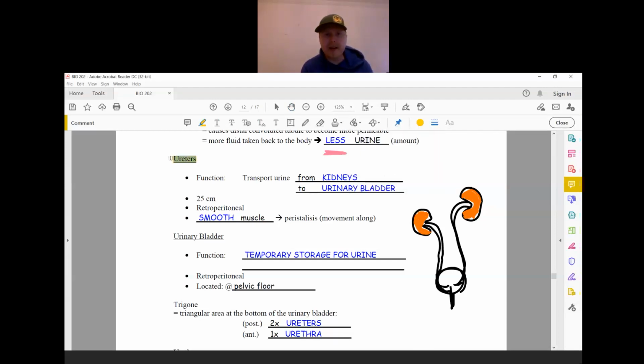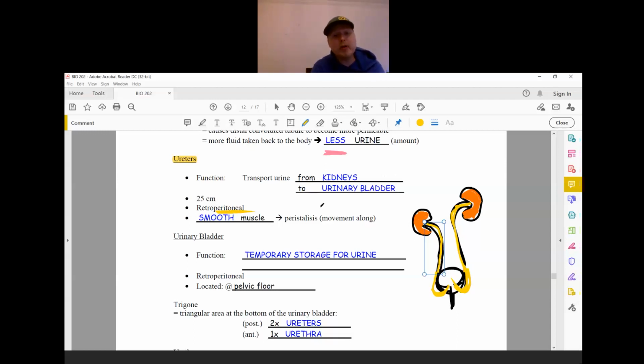So ureters are these tubes that run from the kidneys to the urinary bladder. They are about 25 centimeters in length, loop around the urinary bladder and enter from the base of it. They are located behind the peritoneum, so being retroperitoneal.